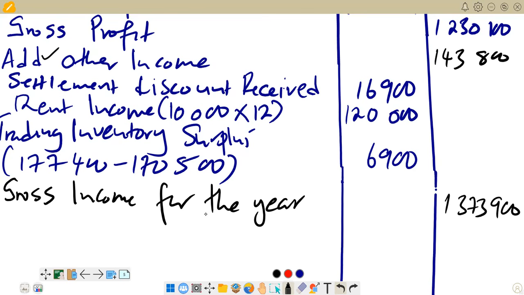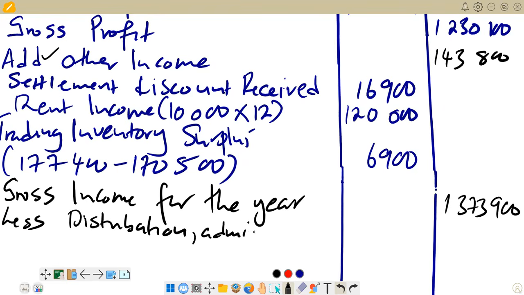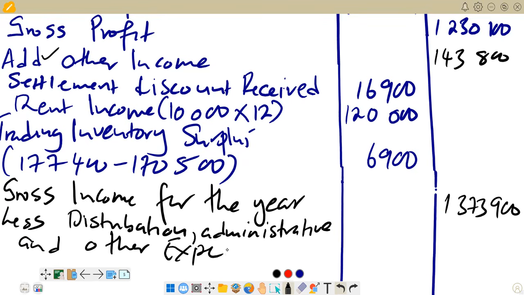And then beneath that now, that's where we are going to subtract the expenses. So we are going to say less distribution, administrative, and other expenses. So this figure is going to come here.